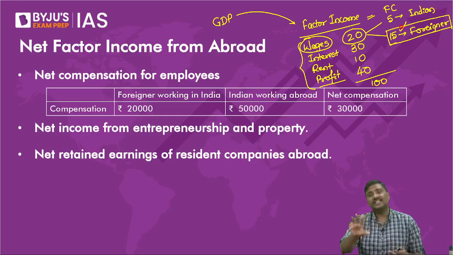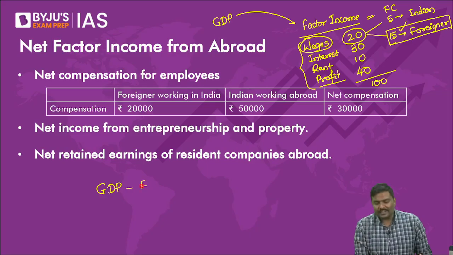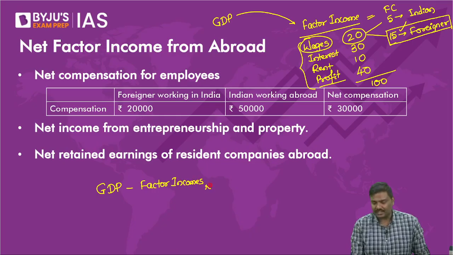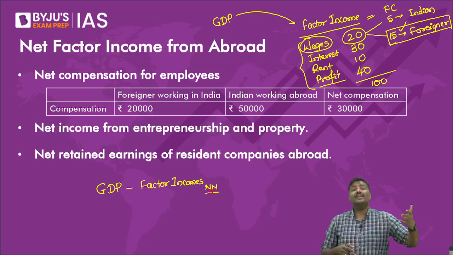This is how adjustment is done. From the GDP, whatever factor incomes are earned by non-nationals, I'll simply write NN. What is NN here? Non-nationals.